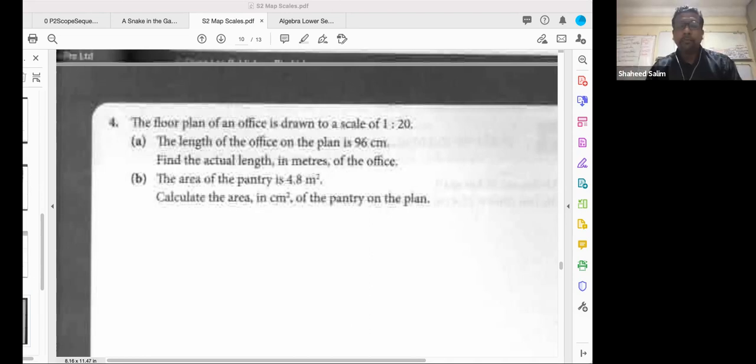Okay, down here now. So you need to find out what this is first. Then they ask you on the plan. Plan is always this side, what? 96 cm. How many meters is this? Can you see my writing now?